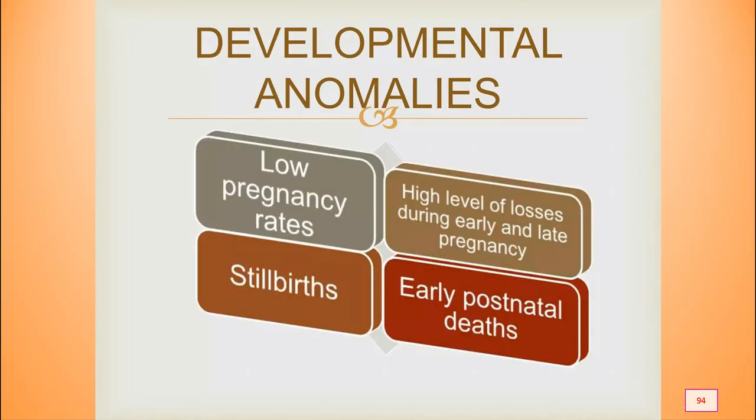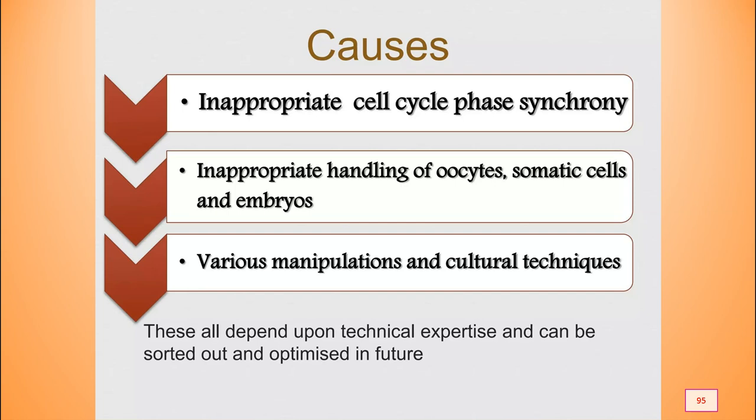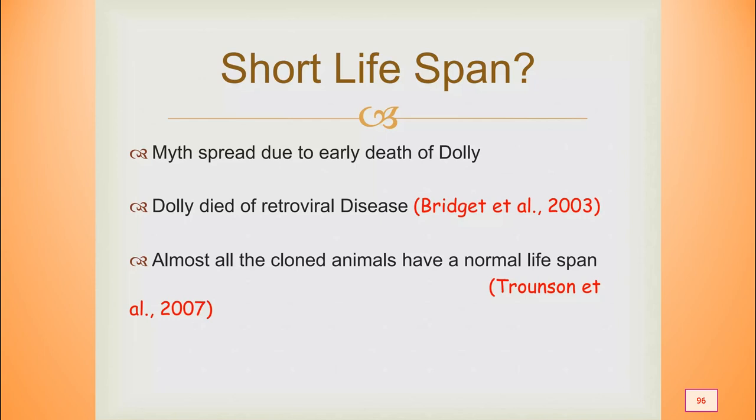These are some steps systematically, the department of dairy, then also the dairy industry. But there is one myth that the early death of Dolly was due to cloning. Dolly died because of a retroviral disease. Almost all the cloned animals have a normal lifespan when compared to the usual average lifespan.